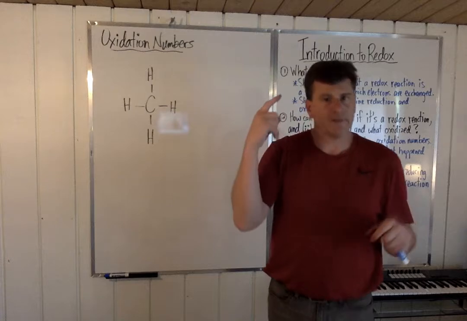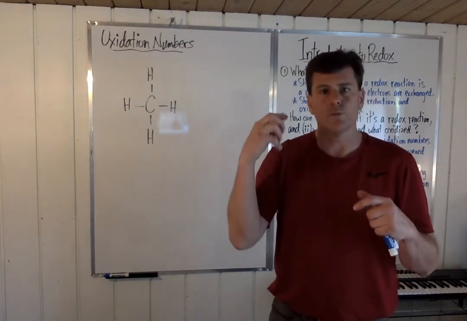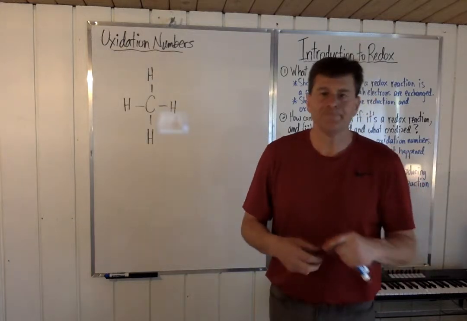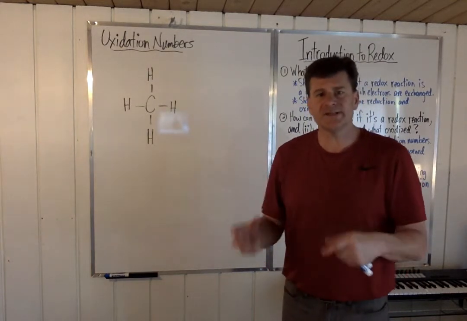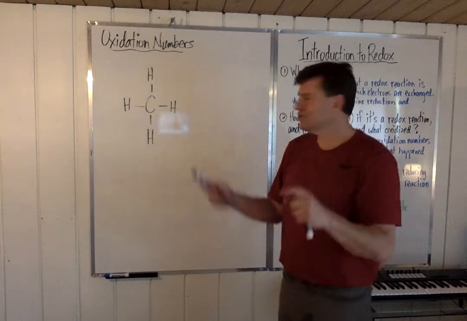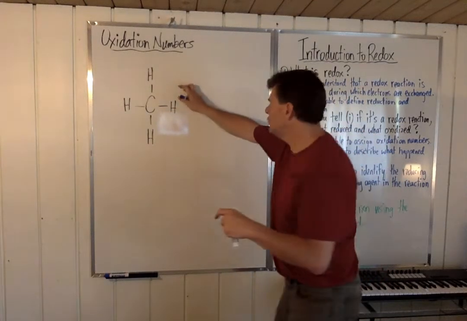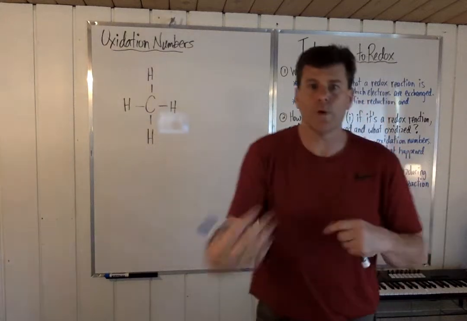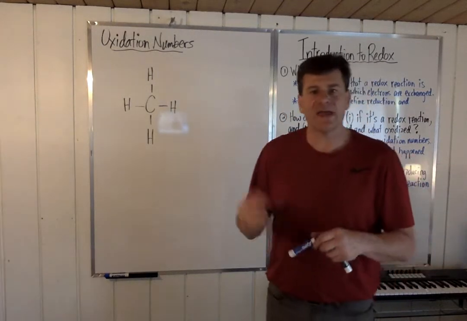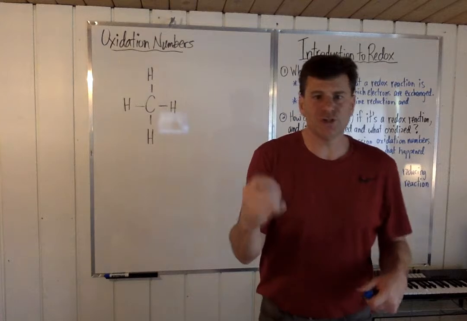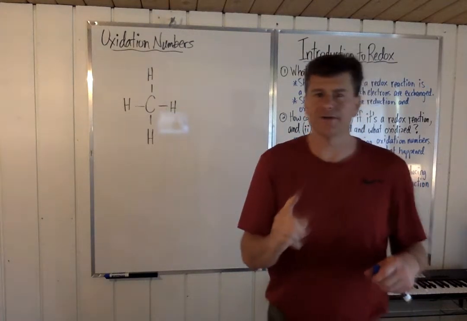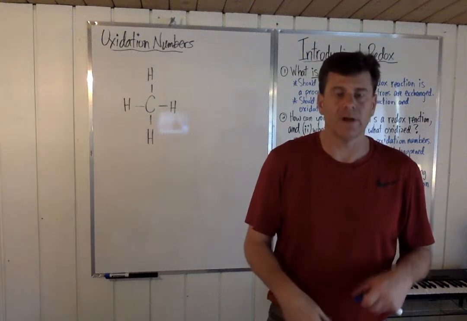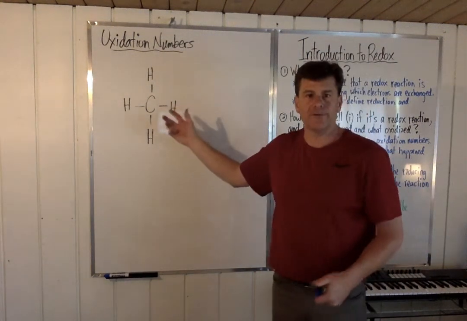And so you're going to start thinking about electronegativity and which one holds on to electrons a little bit better. An oxidation number would be: what charge would that hydrogen have if you ripped it away from the rest of the molecule? Where would the electrons go and what would the charges be? Every single individual atom, and that's really critical to understand, will have an oxidation number, even if it's within a compound.